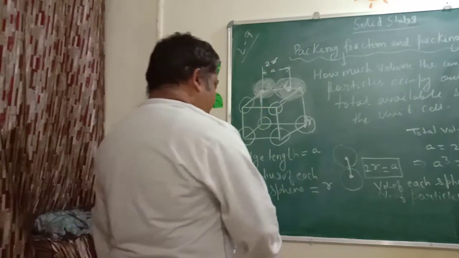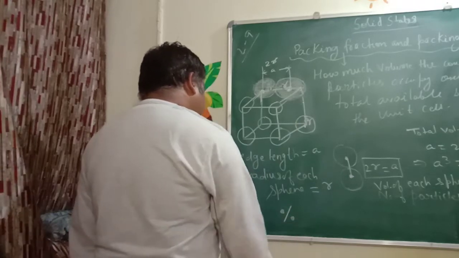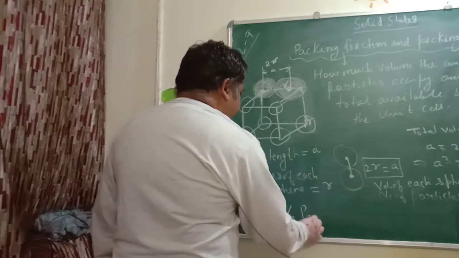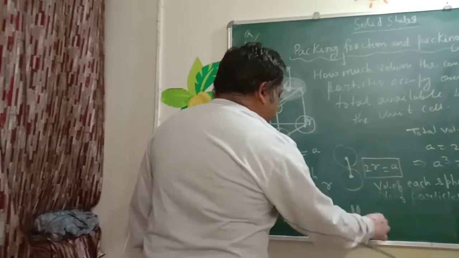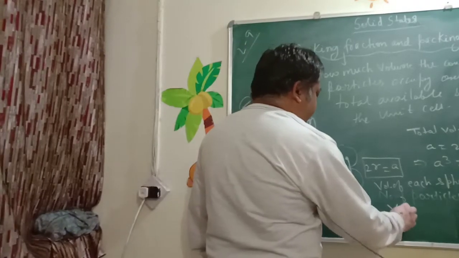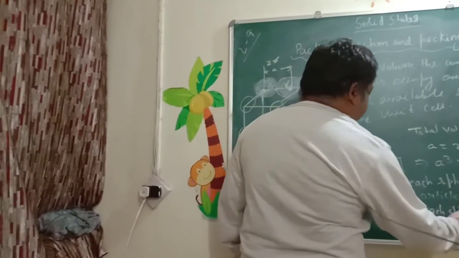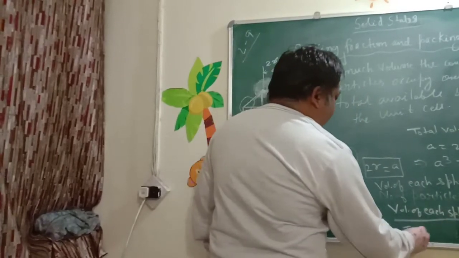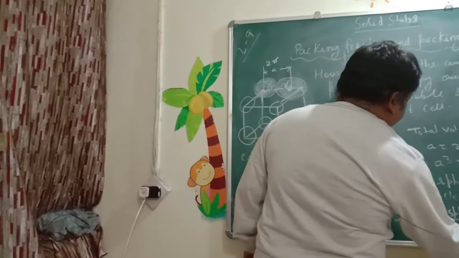So what we will do is find the packing efficiency in terms of percentage. Packing efficiency will be equal to the volume of each sphere multiplied by the number of spheres, divided by the total volume of the cube.